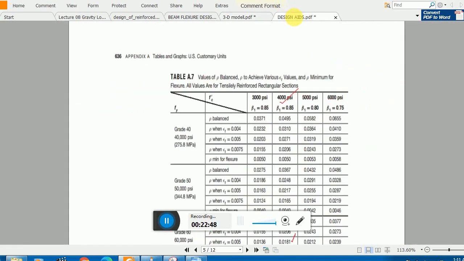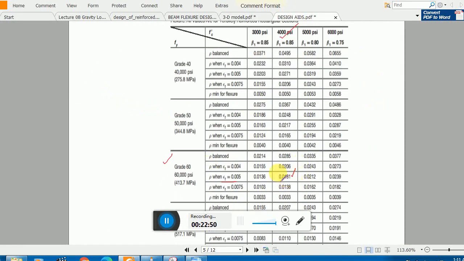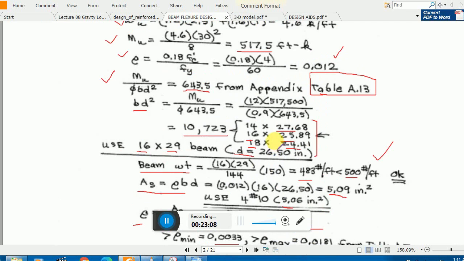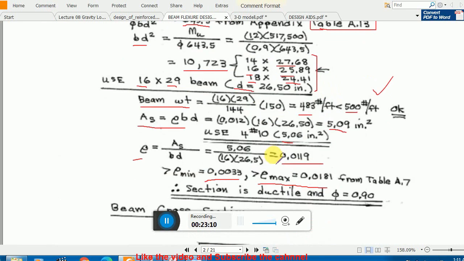That's why this value is now my rho max value. This is the epsilon t. When your epsilon t value is 0.005, the rho b which is calculated will be your rho max. And now this is my rho max value, 0.01. So that's why they choose this value.